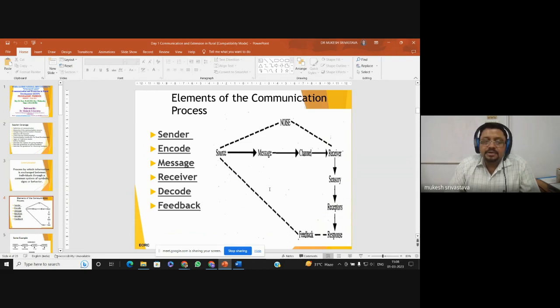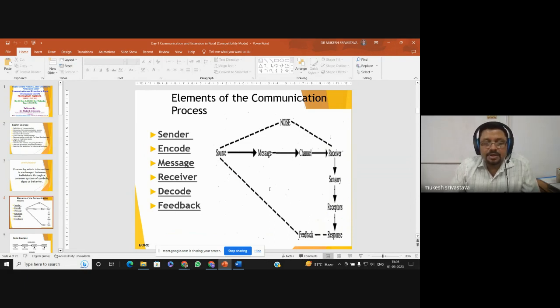Sender is the person who is sending the message. It may be any individual, any medium, any source. The message is passed on to some receiver. When that message is passed on, if it is in some other language, it should be encoded. Like if we talk about our computer, we basically talk about high level language, and the computer understands low level language.